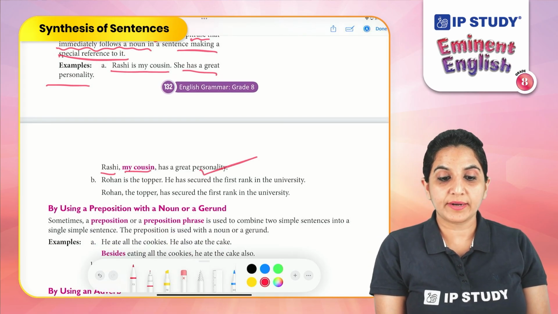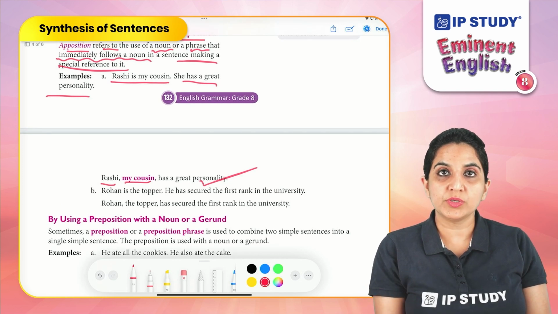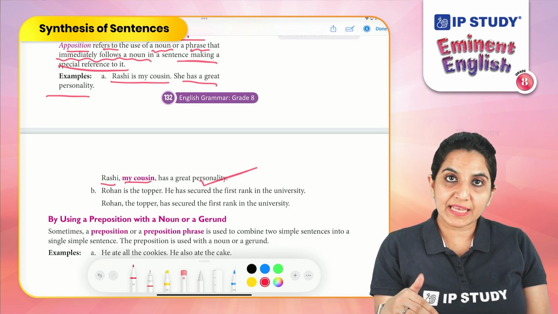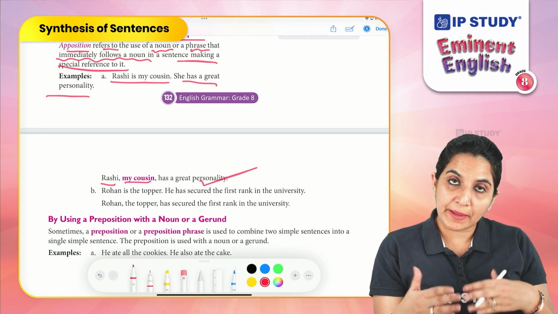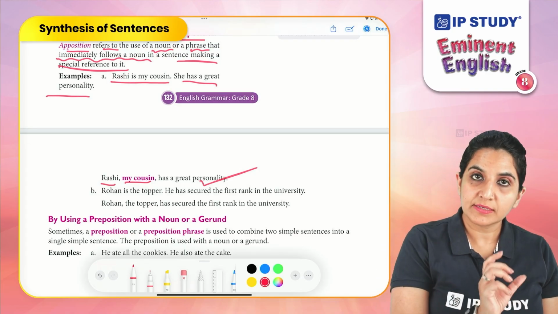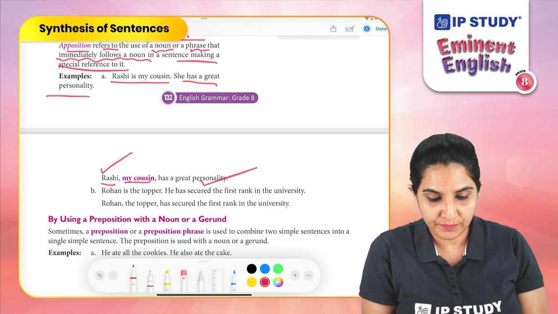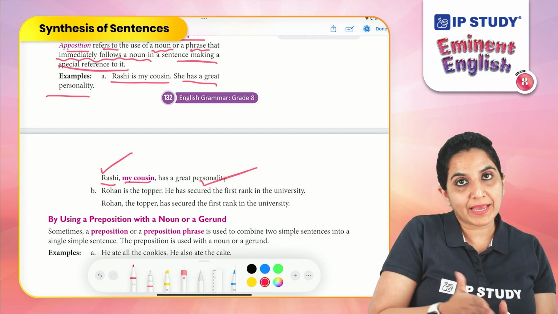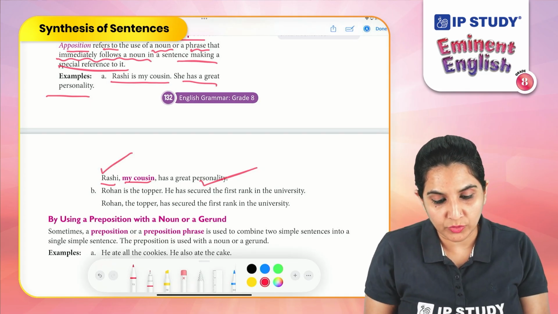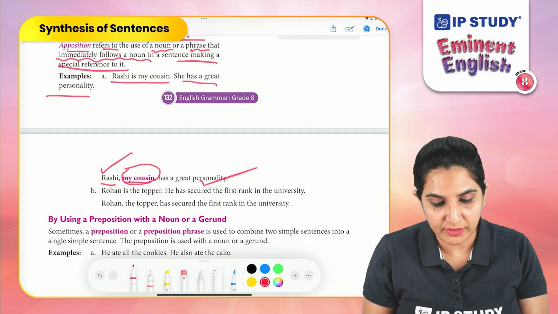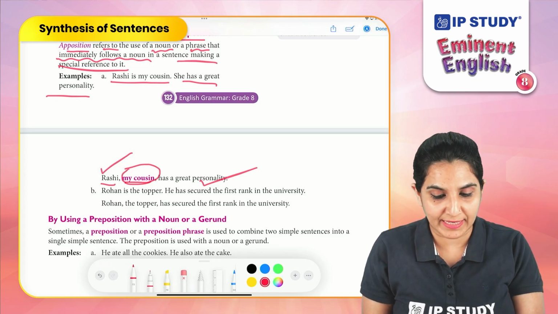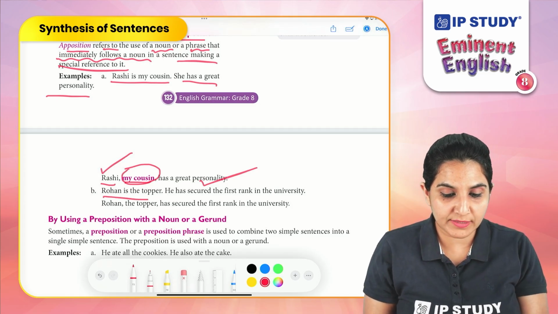So this is called apposition, when we use a noun or phrase which immediately follows the subject noun in the sentence. That means the noun here, Rashi, my cousin, right? So we followed the noun with another noun or a noun phrase to describe her. Rohan is the topper.